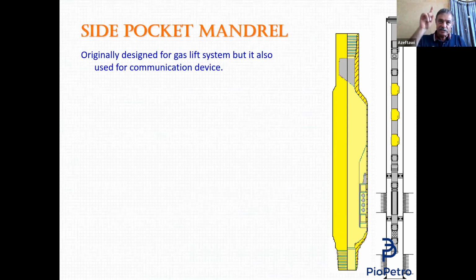And these depths have to be very accurate, because the valves that you put inside these devices are differential pressure valves that open and close at a certain differential pressure.